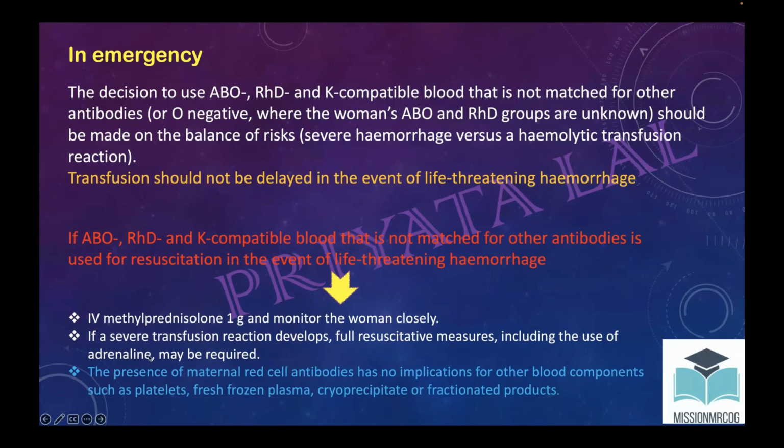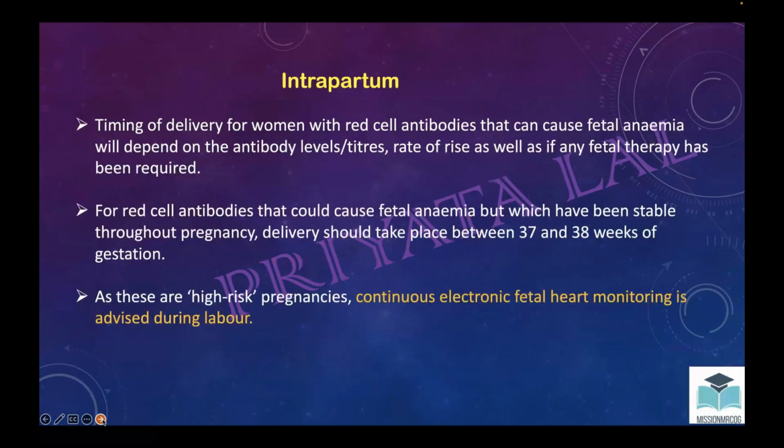Now, what will be the implications for intrapartum? Usually, if NTD is there, the timing of delivery will depend on the red cell antibody and the fetal anemia or fetal therapy. So this would be a deciding factor for delivery.